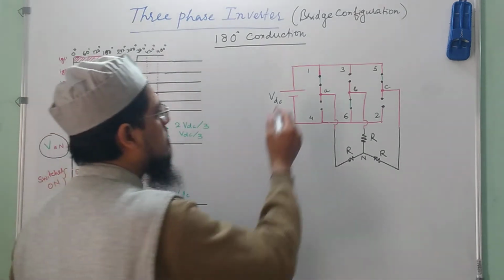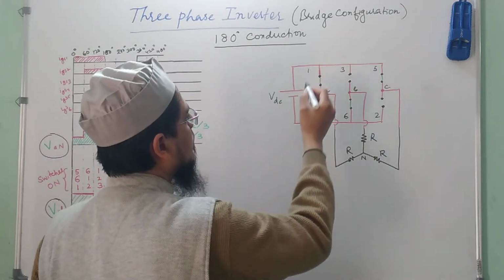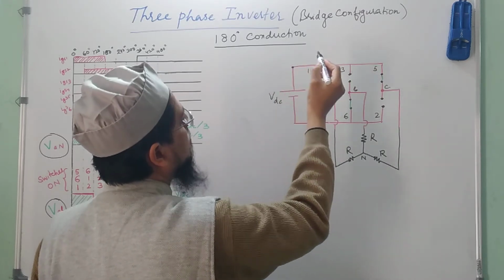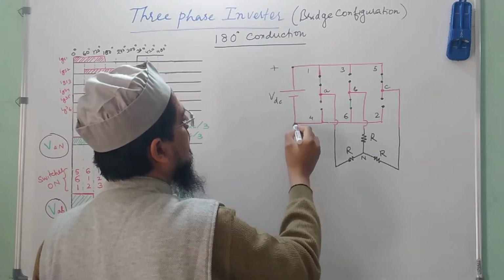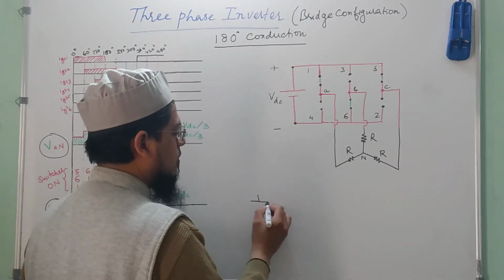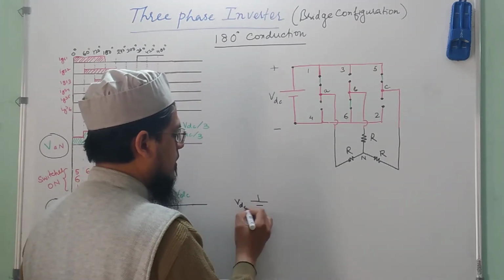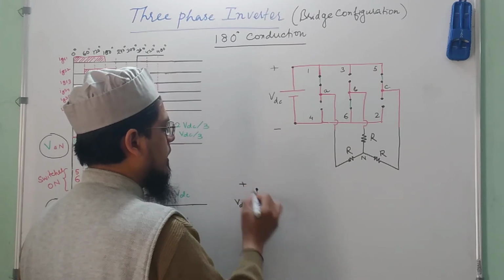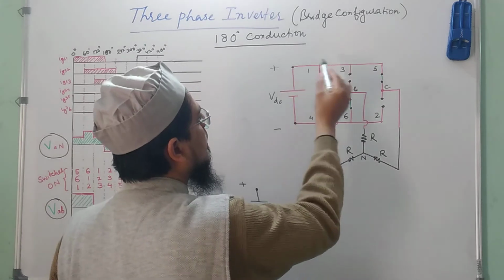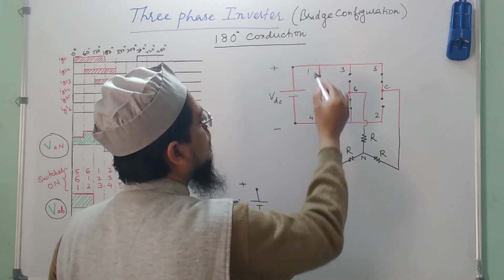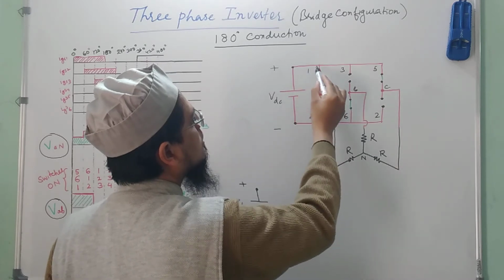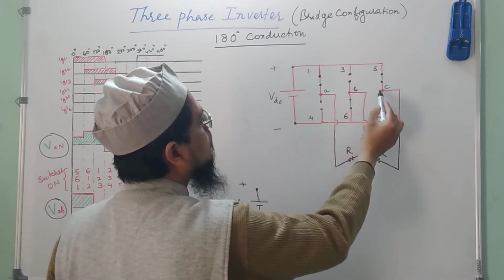So let me start from this point. Let me call this the plus point and this the minus point. So we have got this VDC here, and this is your plus point and this is your negative point. Then I have to go through 2 paths here, from 1 and from 5.